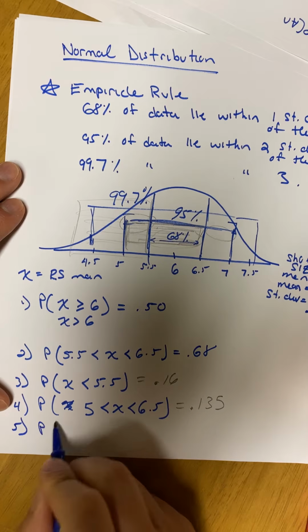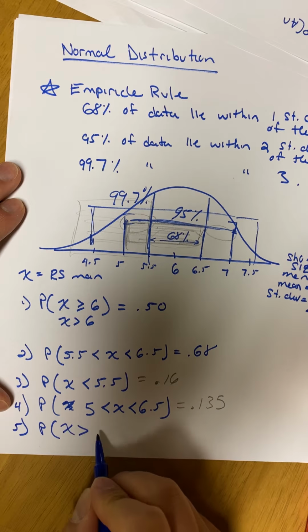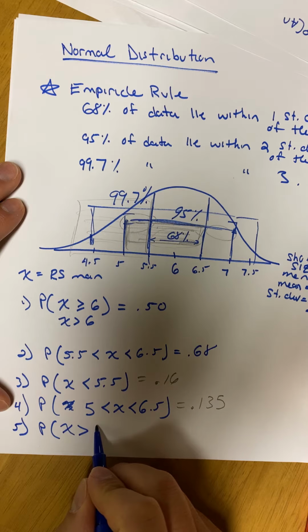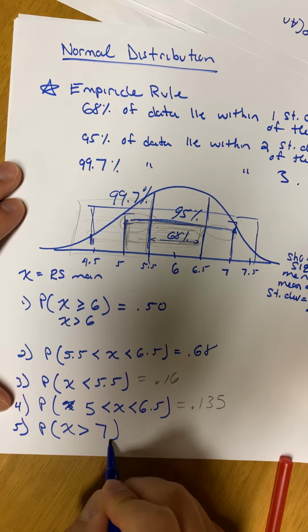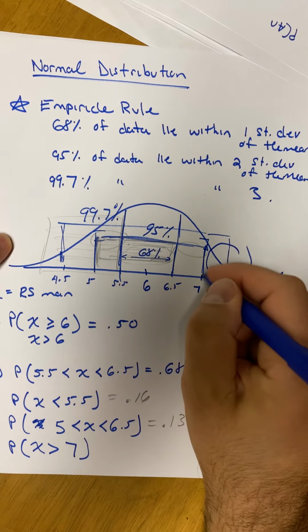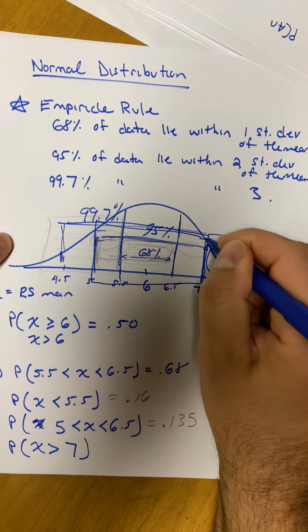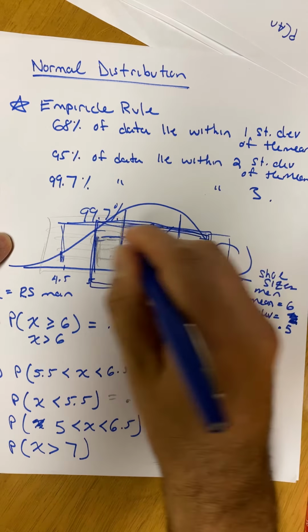And what if I said the probability X is greater than 7? Well, from here to here is 95.